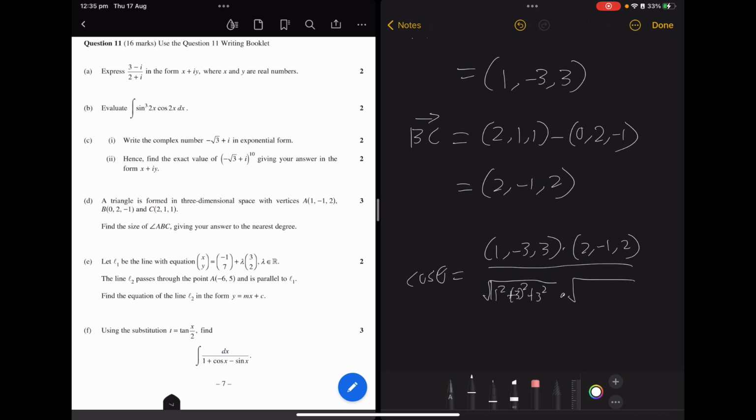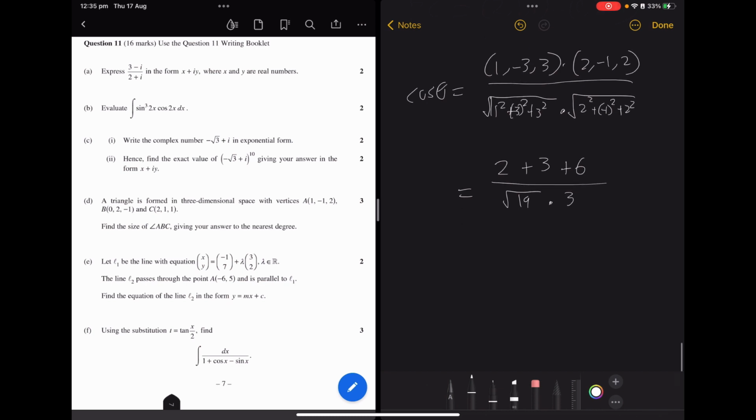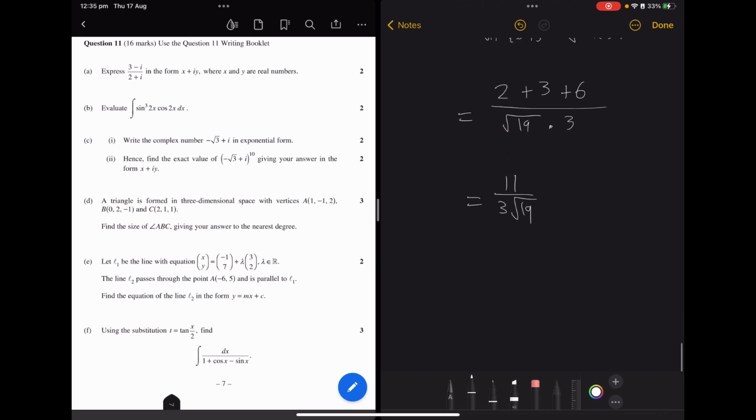Times the square root of 2 squared plus negative 1 squared plus 2 squared. Simplifying the top, 1 times 2 is 2, negative 3 times negative 1 is plus 3, and 3 times 2 is plus 6. All over, 1 squared plus 3 squared plus 3 squared is root 19, times 2 squared plus 1 squared plus 2 squared is root 9, which is 3. Overall, we have 11 over 3 root 19. So cos theta equals 11 over 3 root 19.